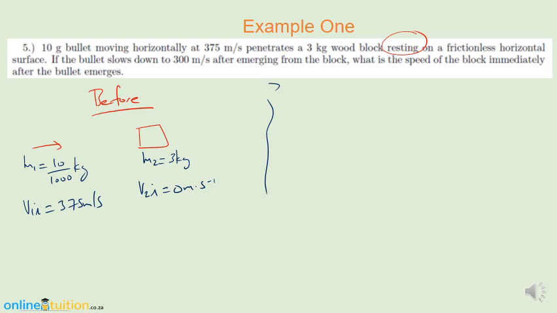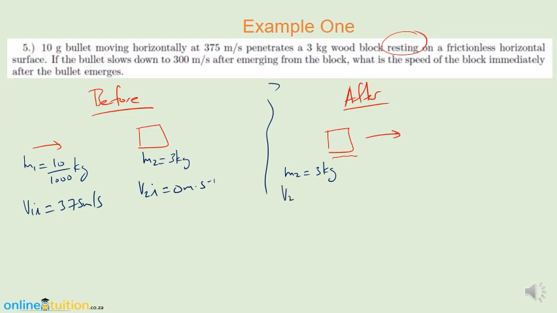That's before collision. What is happening after collision? Do you remember? Then this block will now start to move, right? And the bullet comes out the other side. So things have changed. We know that M2, the mass of the block, doesn't really change.